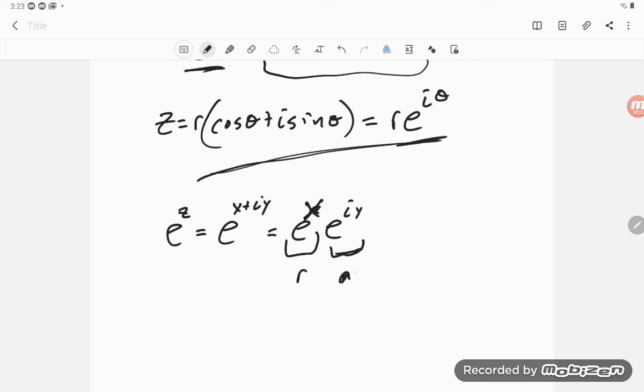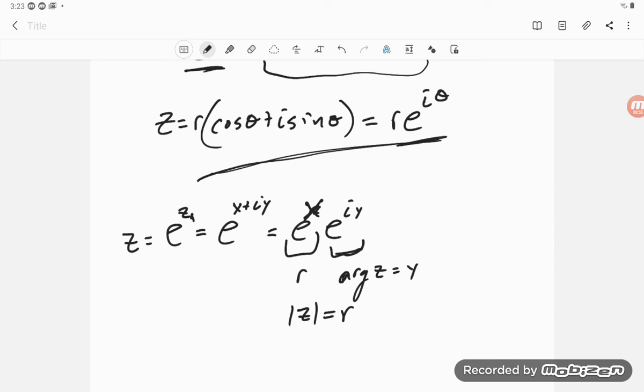Arg z is equal to y in this case. Bad notation, let me put a z1 there. So z equals e to the z1, then arg z is y in that case, and r, the modulus, or the absolute value of z, is e to the x.